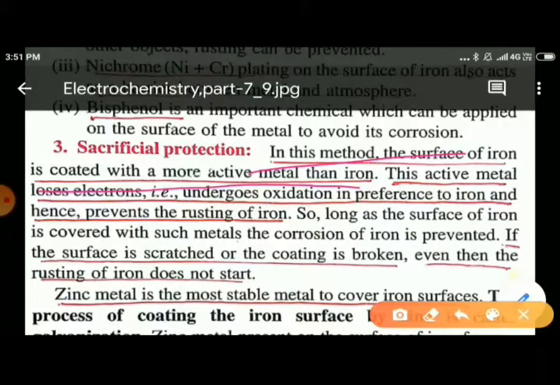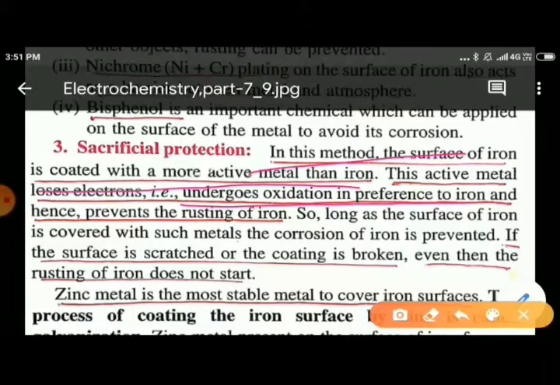This way the metal loses electrons, that is undergoes oxidation, in preference to iron. For example, if we want to prevent the corrosion of iron, then we should coat the iron with a metal which is more reactive than iron. For example, zinc is used to coat iron so that rusting of iron can be prevented.